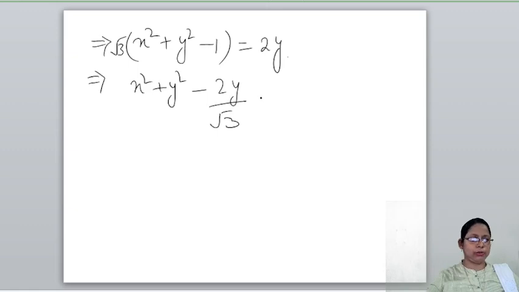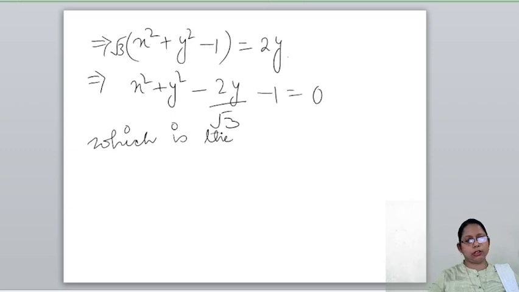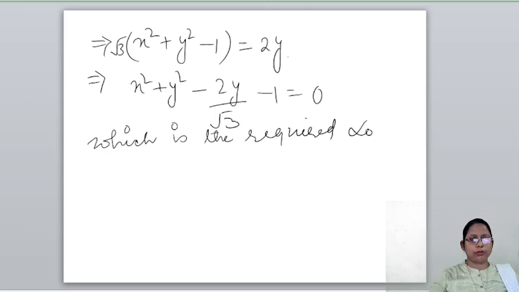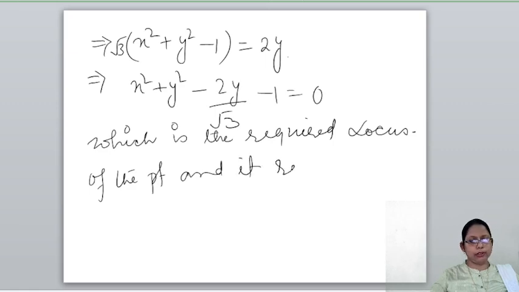Which is the required locus of the point, and it represents a circle.